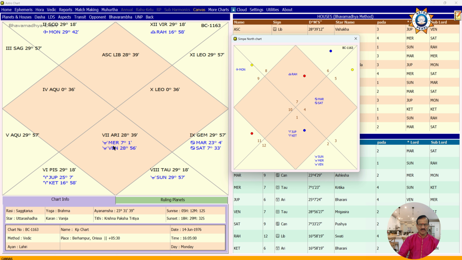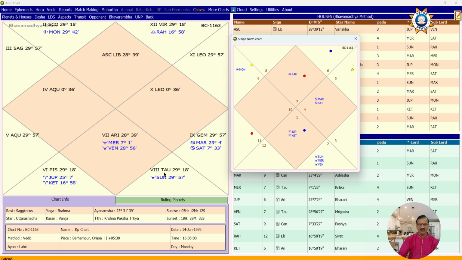Similarly, Mercury and Venus: their position in the simple system or Rasi chart was in the 8th house. I hope you can see it here; they are in Vrishabha sign, Taurus. But in Bhavchalita, they have come to the 7th house. Again, why is it so?